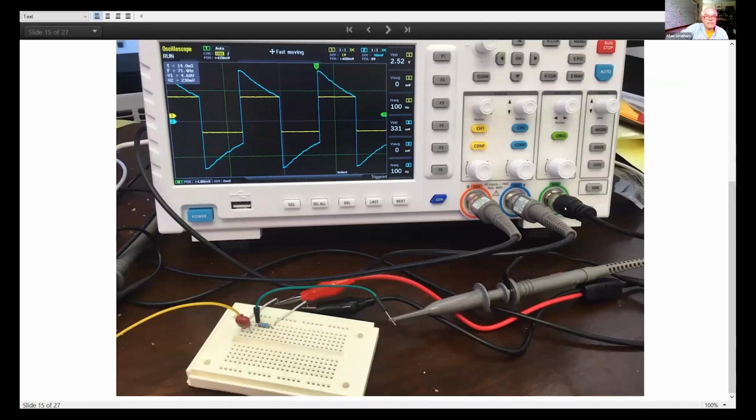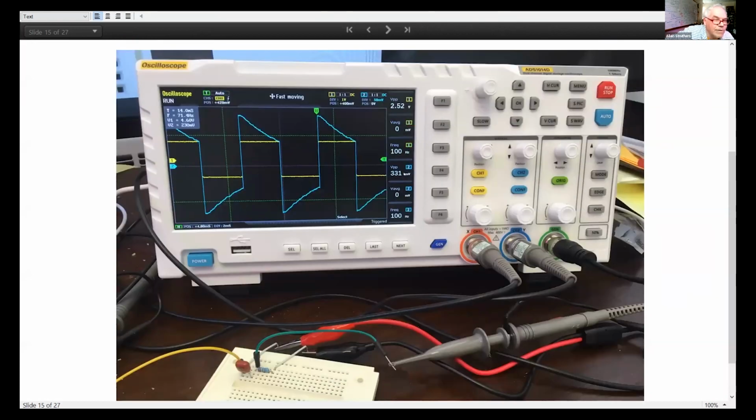It's plugged into the signal generator, which is generating the yellow square wave, and it is producing as output this blue curve that is the voltage across the resistor. Completely safe. It says it's got 331 millivolts. In other words, you can put it on your tongue, it doesn't sting.